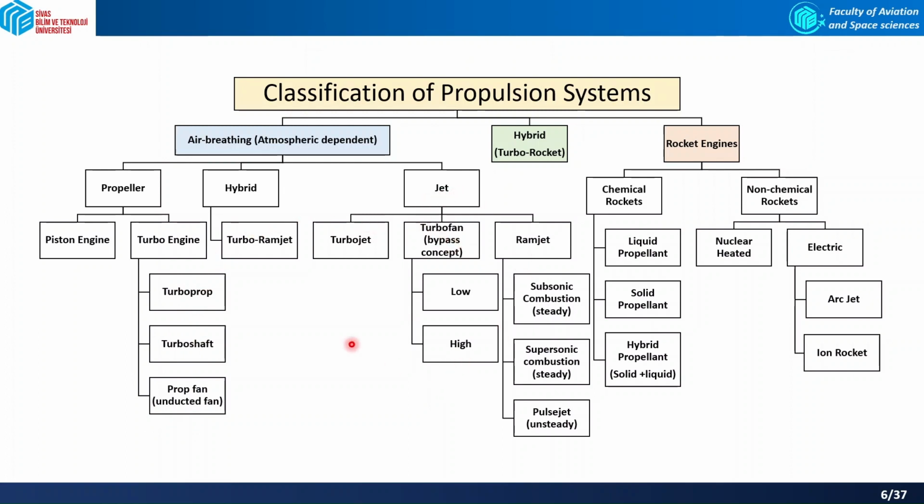On the other hand, as I said, we have the jet engines, and the jet engines are actually classified as turbojets, turbofans, and ramjets. So what are these? Turbojets, we will talk about the turbojets. These are the simplest jets.